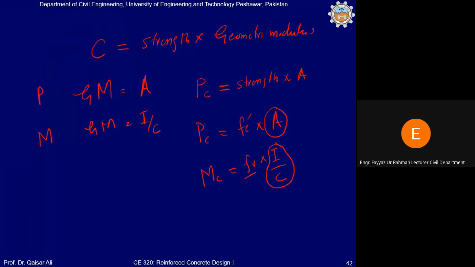So in this case, the geometric modulus is I divided by C. Clear?